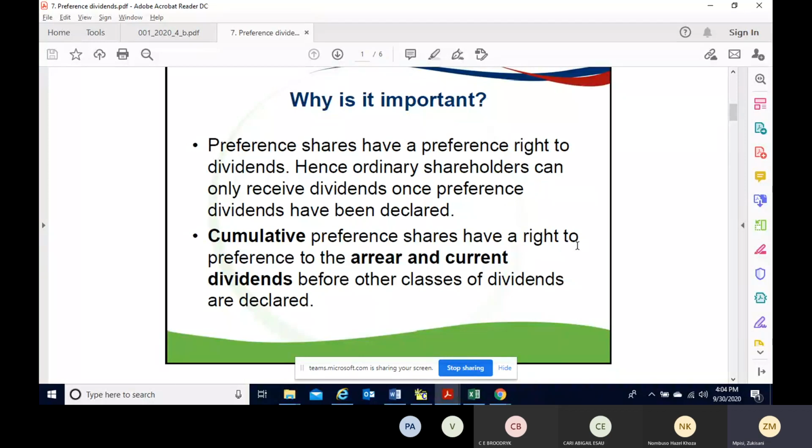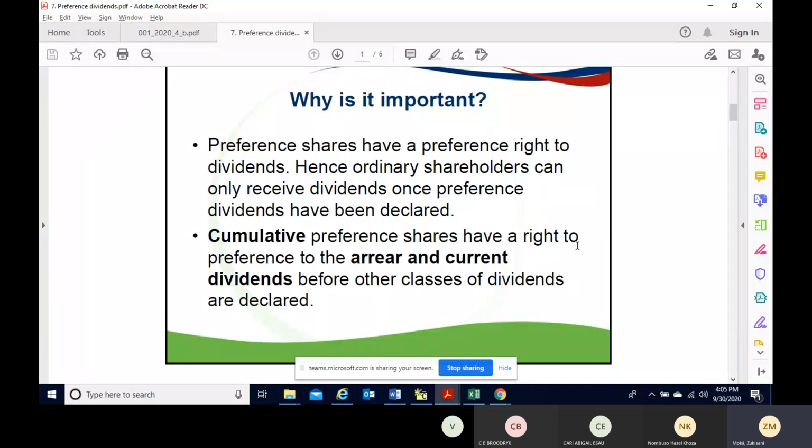Preference shares have different classifications. In terms of financial instruments, they can either be a financial liability or an equity instrument. Specifically for this module, we look at the equity instrument part. So we don't focus on the financial liability of the financial instrument.